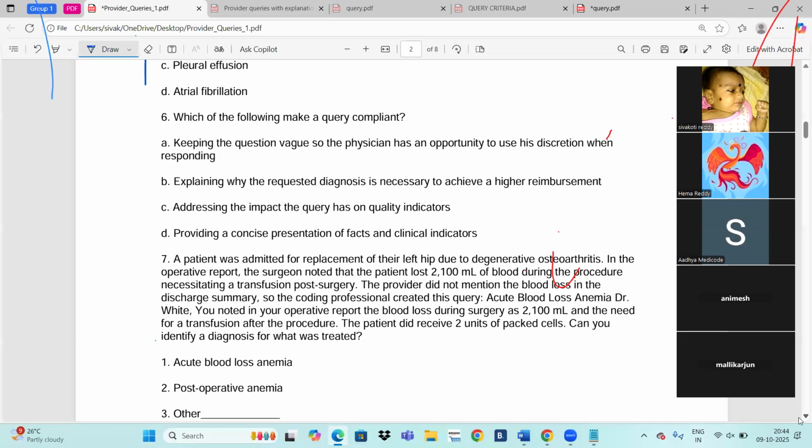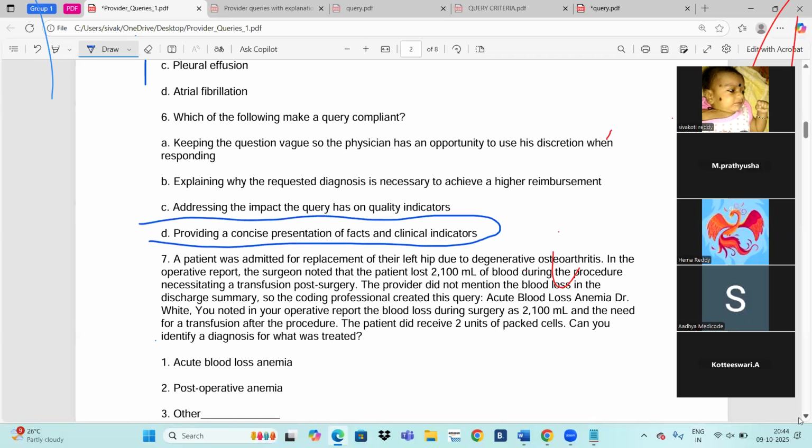When do we need to make a complaint query? Option D. They need clinical indicators, right? While we are raising a complaint query, we need the clinical indicators. Based on the clinical indicators only, we can make the complaint query. Correct?